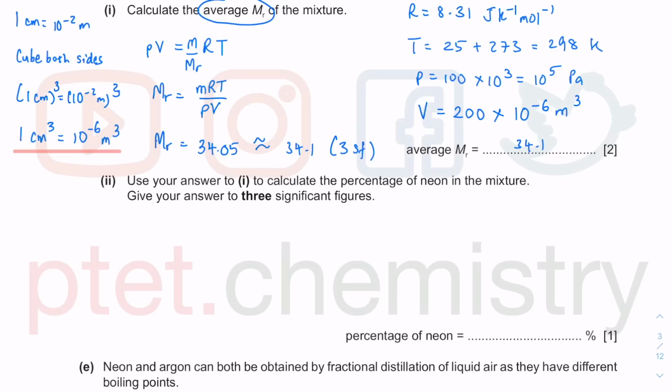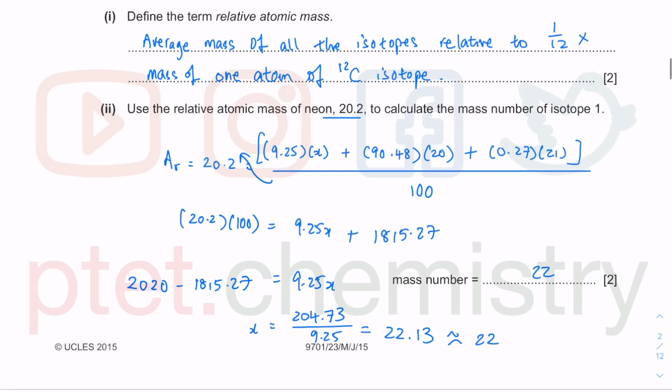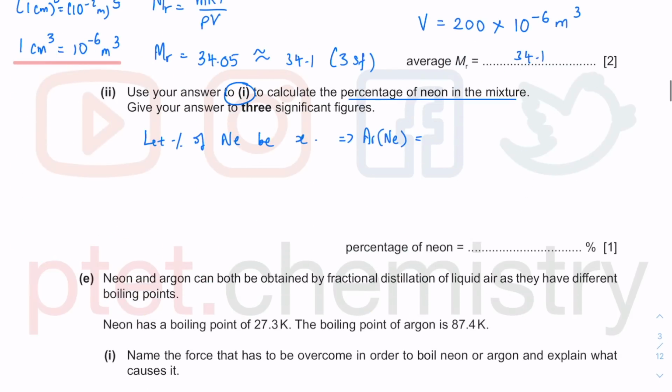Now the next thing: what is the percentage of neon in the mixture? Use your answer to 1. So let the percentage of neon be X, let's say. And then we know the relative atomic mass of neon was 20.2 from the previous question.